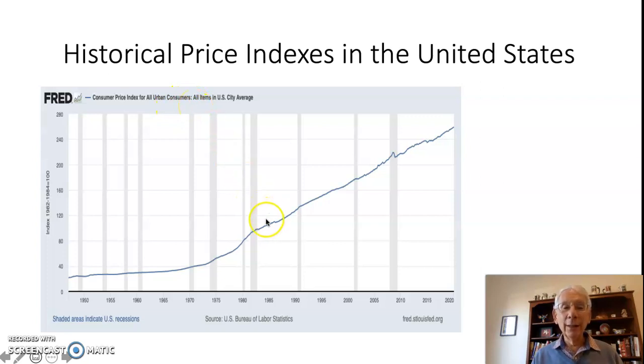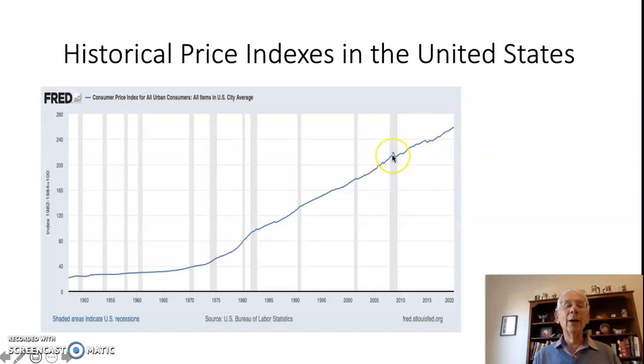You can see that in 1982 or so, it was about 100. And you can see how it's gone up. These gray areas always represent recessions. So what you can see is there was actually a dip in the price index during the Great Recession, that period of time about 12 years ago. And since that time, prices have gone up.